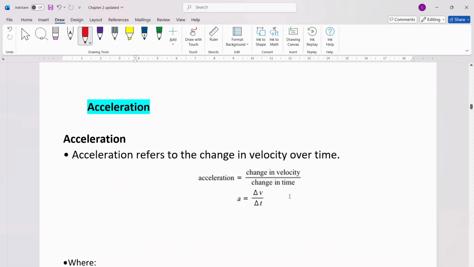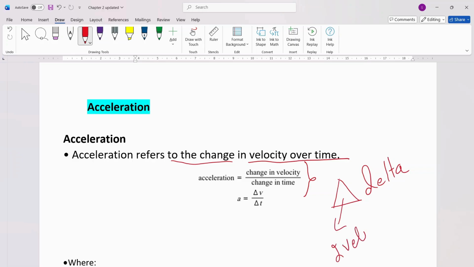Let's talk about acceleration. It refers to the change in velocity over time. So change in velocity divided by change in time. This sign is a delta sign. This sign shows change. So if I need to show the change, I will need two velocities, final velocity and initial velocity.